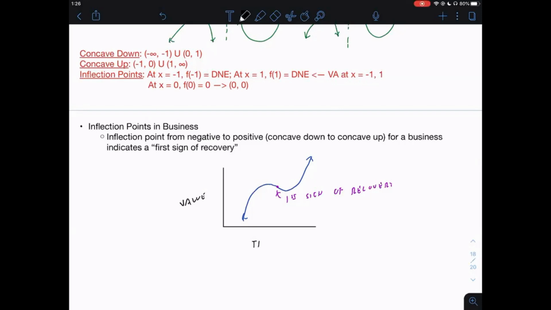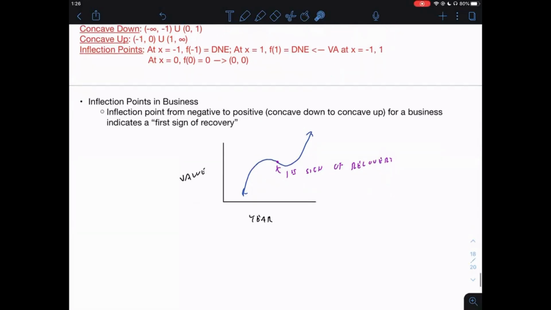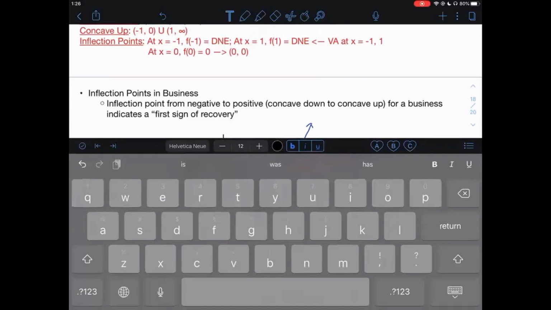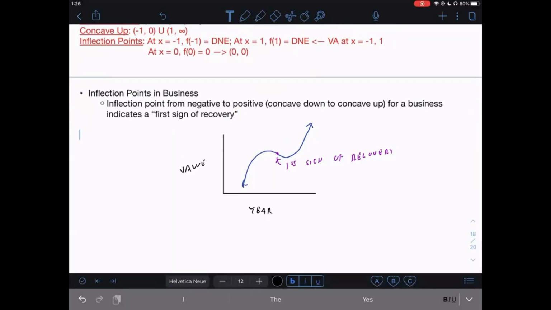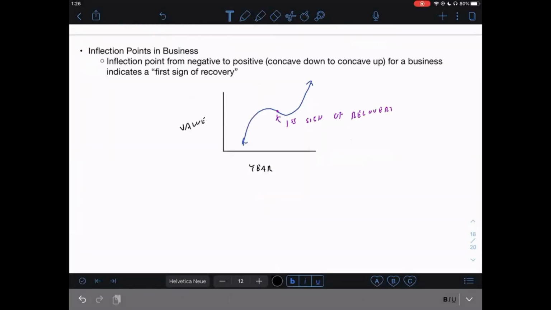Or say years, months, and so on, depending on what you want to display along the x-axis. So for a certain number of years we have loss, it is concave down, but at some point it changes direction, and after that point in time our profits or the value of our item start to recover. But the opposite can also occur, and the opposite is what we also want to look out for in business applications.